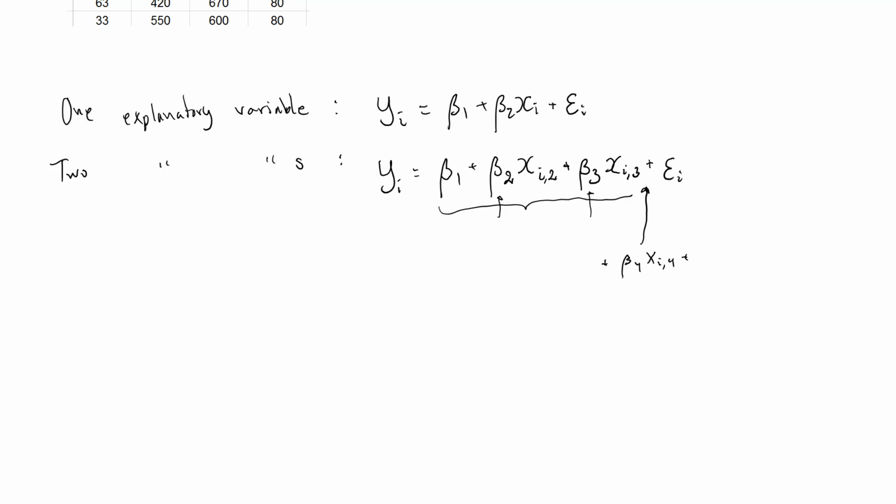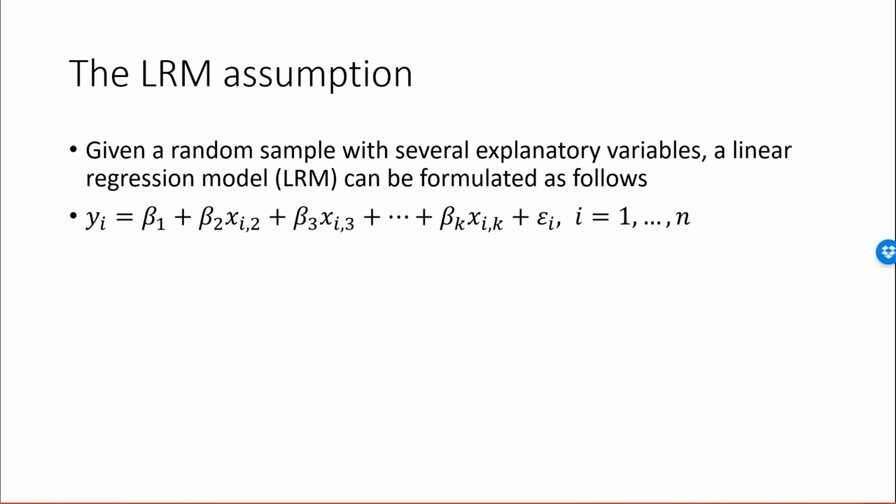If I want to write this in a generic way, that is without specifying exactly how many explanatory variables I have, we need to do it like this. So yi is my intercept. Here comes my first explanatory variable with its parameter beta 2. Here comes the second with its parameter beta 3.